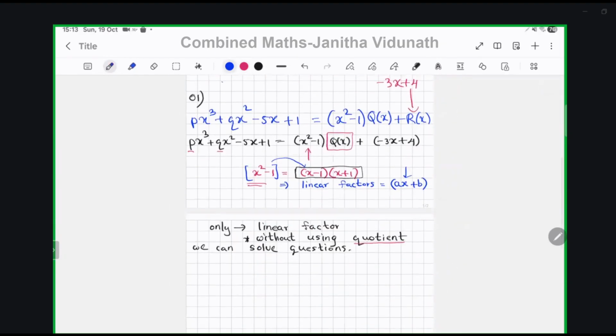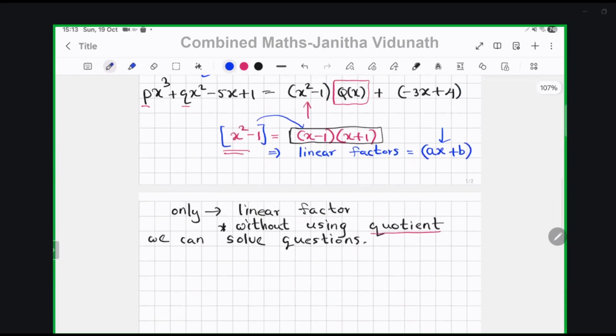Now let's rewrite x square minus 1 as x minus 1 times x plus 1. Then we can write this as px cube plus qx square minus 5x plus 1 is equal to x minus 1 times x plus 1 times qx plus minus 3x plus 4. Now here we want to find two unknown variables, p and q.